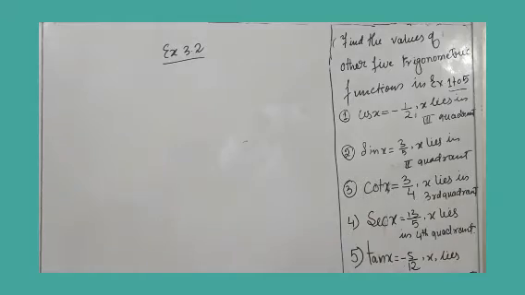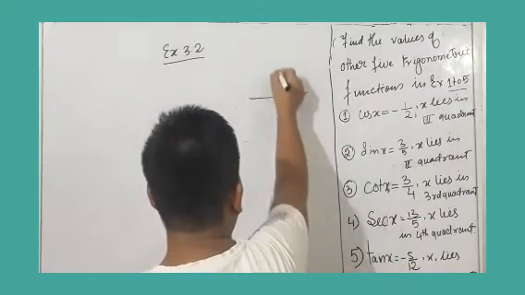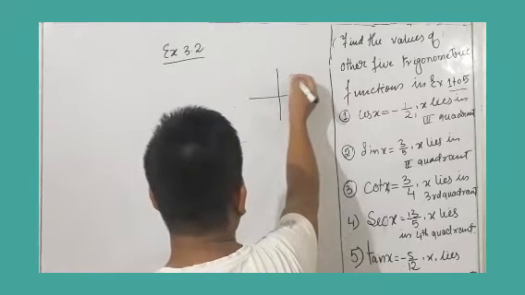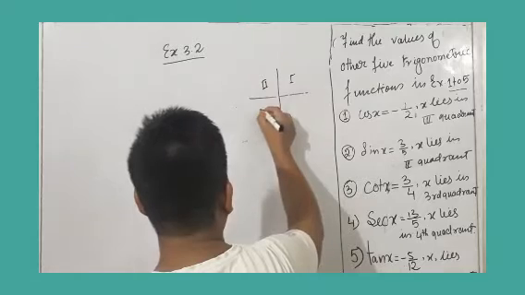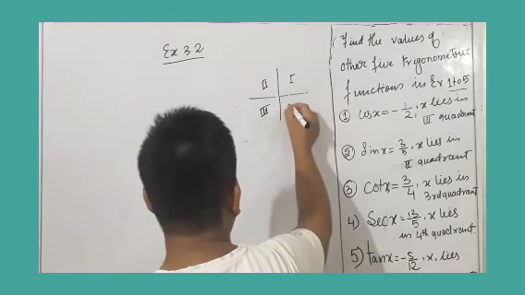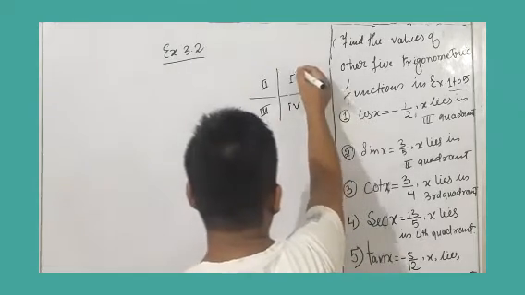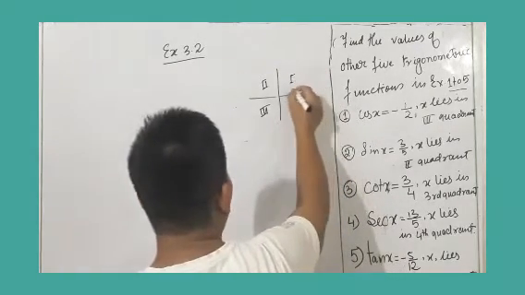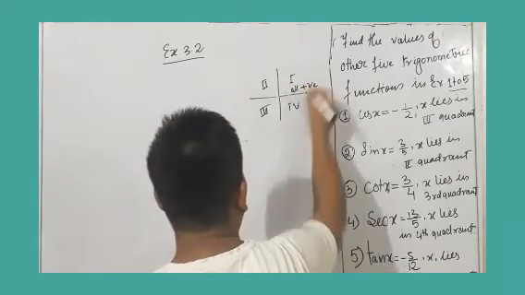So what are they? This is first, this is second, this is third, and this is fourth. Suppose we consider they are all positive.